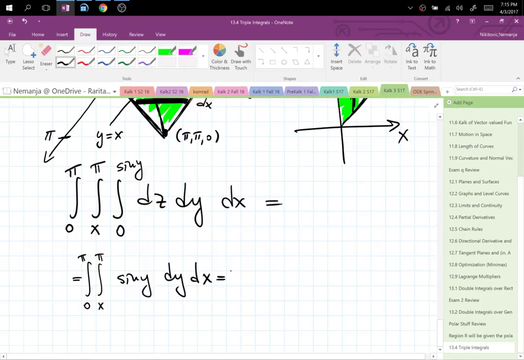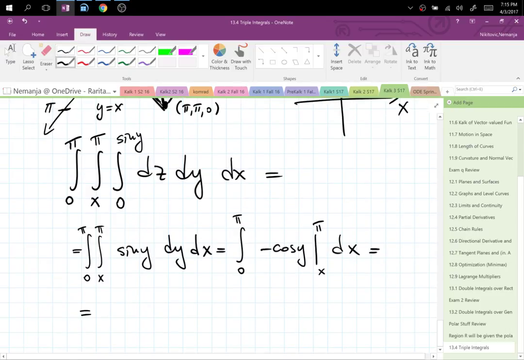I will quickly compute this so that we can move on with our lives. Integral of sine y is negative cosine y, and we are computing that from x to pi, dx. So now when we plug in values, I still have 0 to pi to deal with.